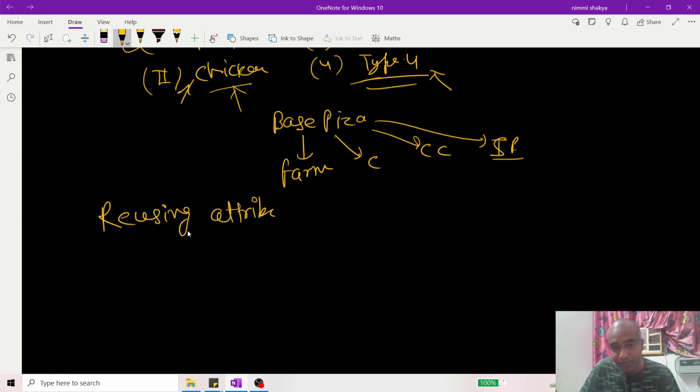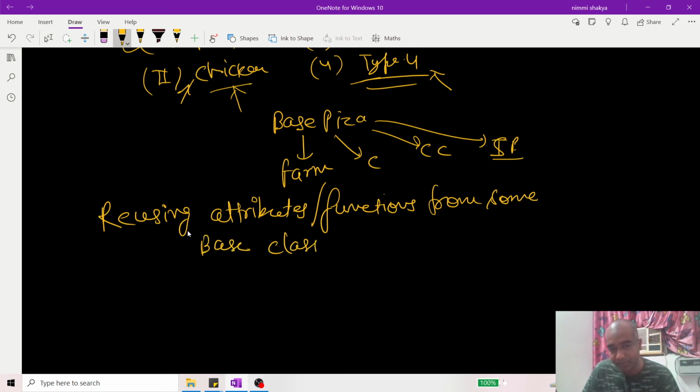In appropriate words, you can say reusing attributes or functionality from some base class or object. An object always needs a class. So whenever you are creating a base object, it means there should be a base class.